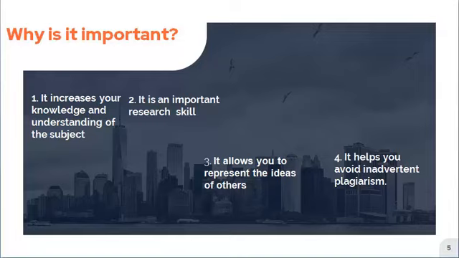Number 4, it helps you avoid inadvertent plagiarism. And I think you all know what plagiarism means. It's when you take the work or the words of someone and you present them as your own work with or without his approval. For example, your teacher gave you a project and you were required to write about 10 pages.